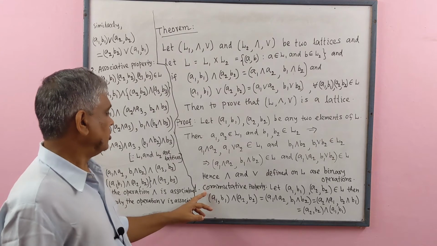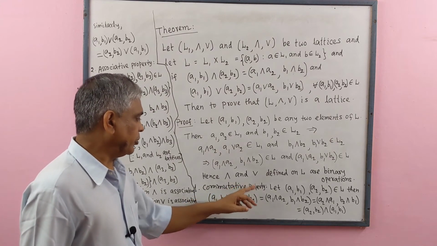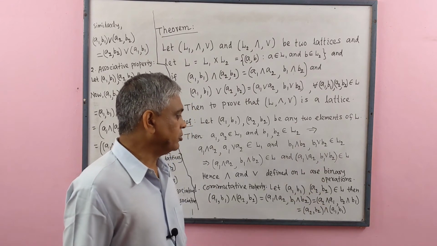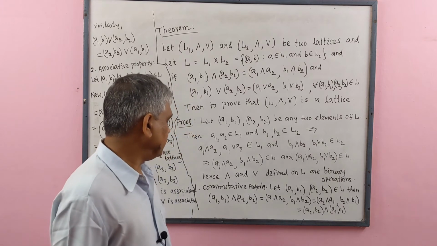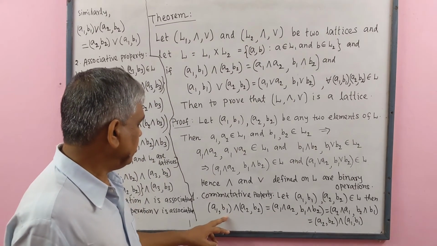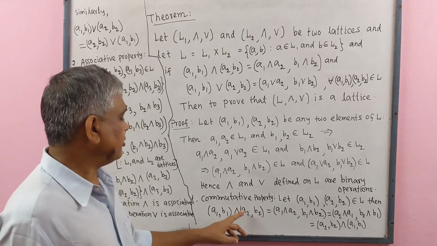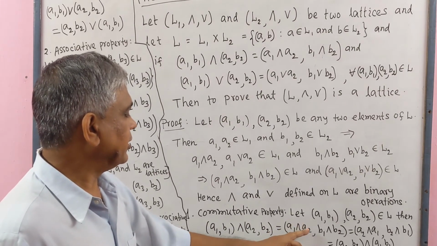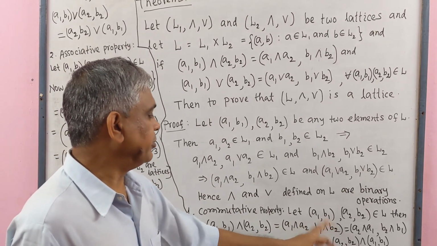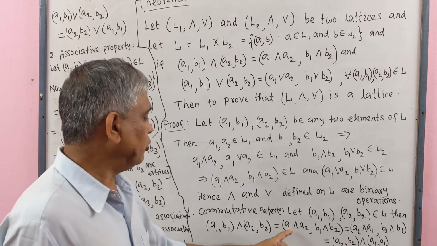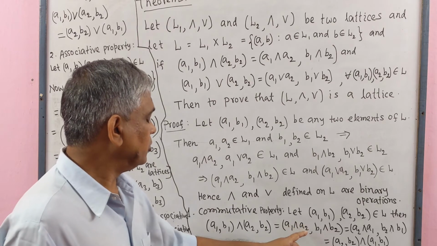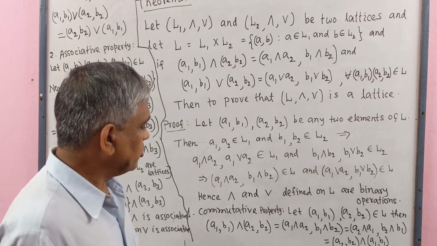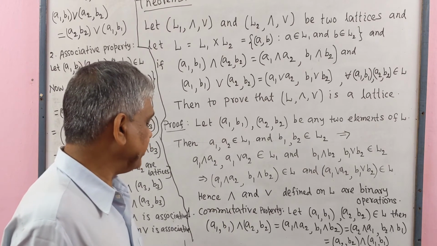So first we show the commutative property. Let (A1, B1) and (A2, B2) belong to L. Then (A1, B1) meet (A2, B2) equal to (A1 meet A2, B1 meet B2). Here A1, A2 belong to L1 and L1 is a lattice, so it obeys the commutative property.